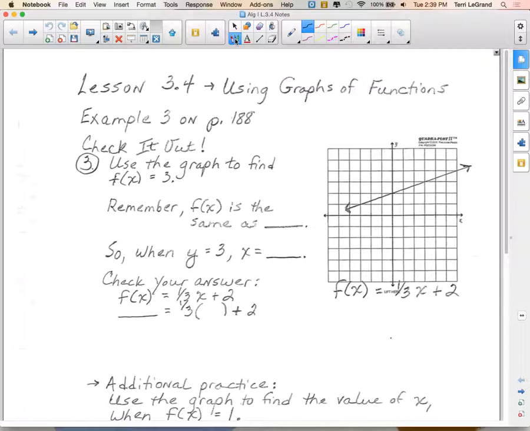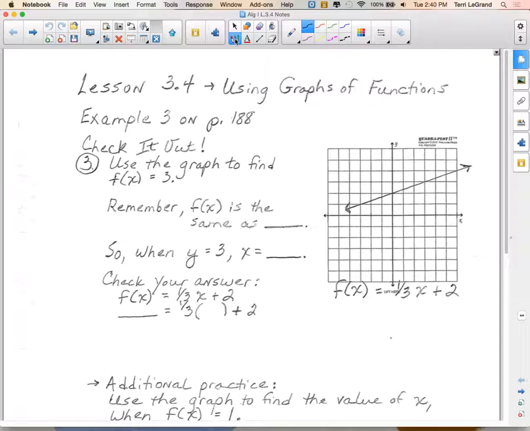So in other words, to get points, pick an x value, take it times 1/3, add 2 to it, there's your function rule. That will get you the what? Take the x value, multiply it times 1/3, add 2, that will get you the y value or the f of x value, right? Do they mean the same thing?